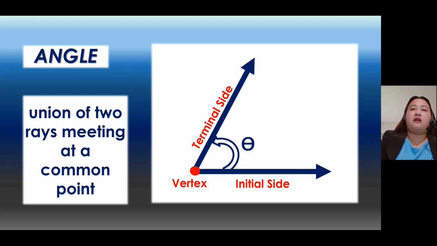We also have the symbol for the measurement of the angle. We have theta. There are also instances that instead of theta, you can use the Greek letter alpha. You can also use beta. Another one that you can use is gamma.